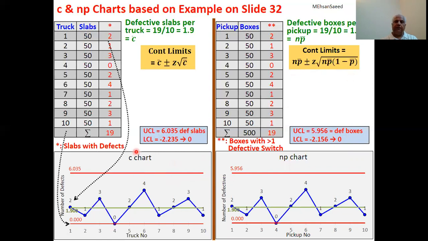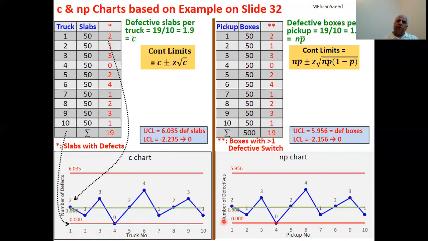This is for defects. Again, a radically different formula, but the results are the same. And this plot has to be the same because this data is the same. 19 divided by 10 is the same. So, and these figures are the same. So this data has to be the same.